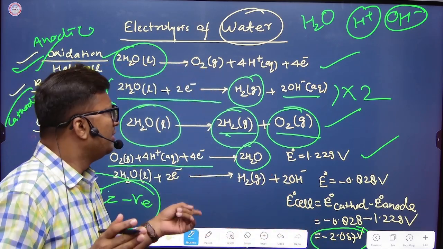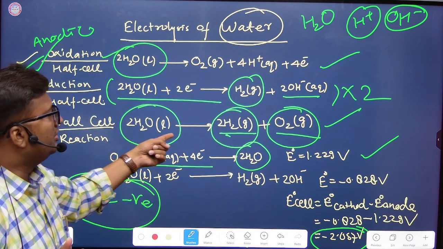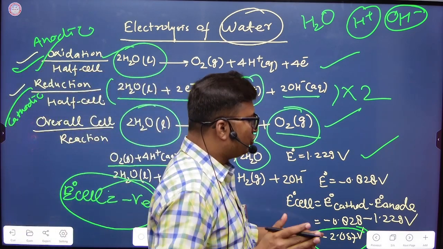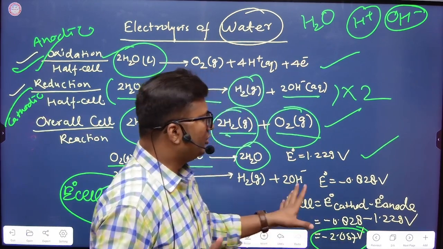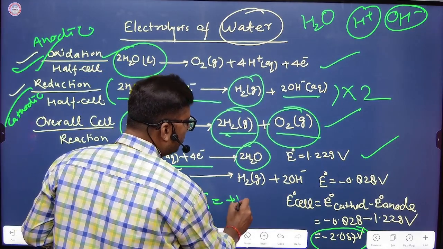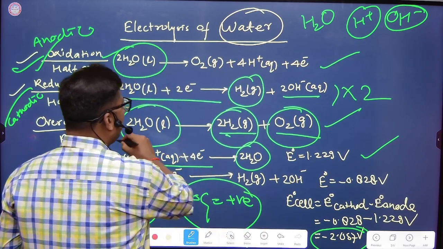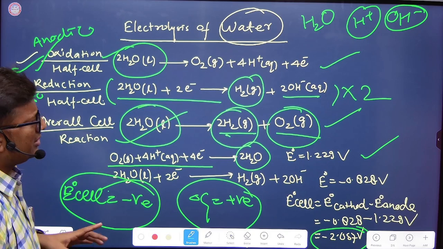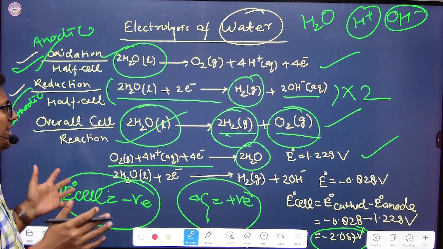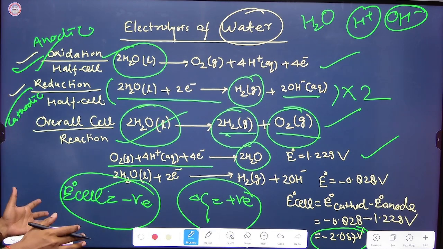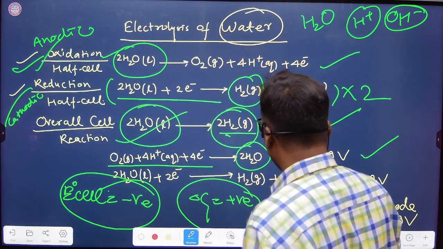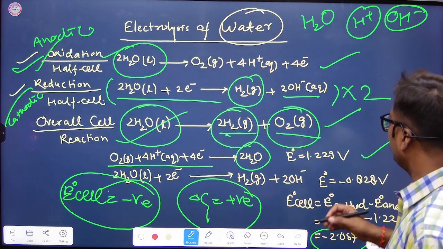Because the production of these two compounds creates a potential difference of minus 2.057 volt, which is a negative quantity, or simply you can say delta G will be positive, right? So this reaction is non-spontaneous, thermodynamically non-favorable, but electrolytic cells are actually used to create chemical energy through an external source of electricity, right?